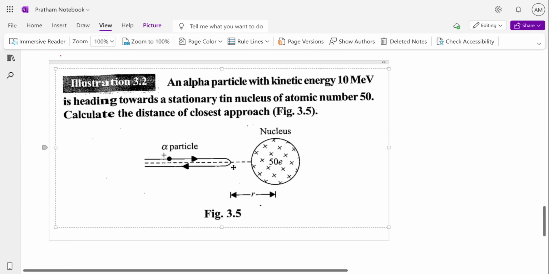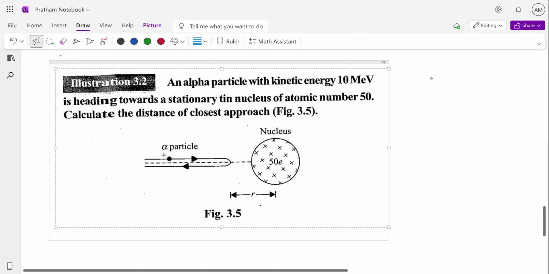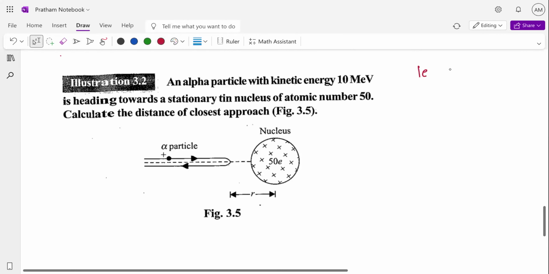It is 10 mega electron volt. One more thing: if the unit is electron volt itself, that is fine. But if you want to convert, what is one electron? One electron charge is nothing but 1.6 into 10 to the power minus 19 coulomb.